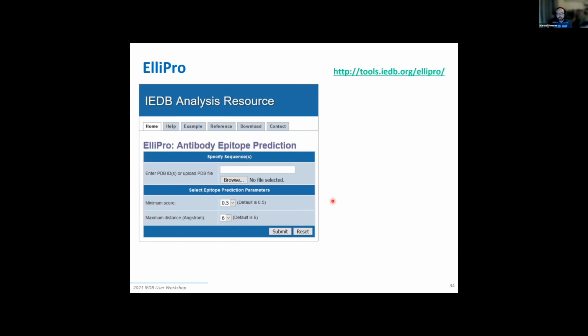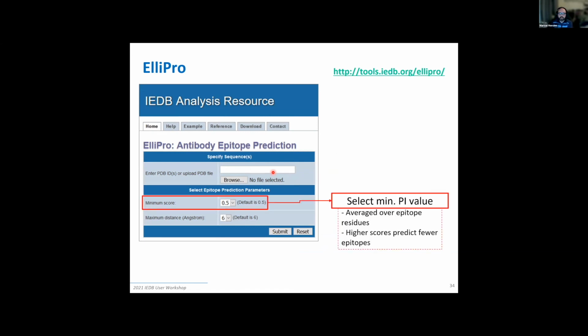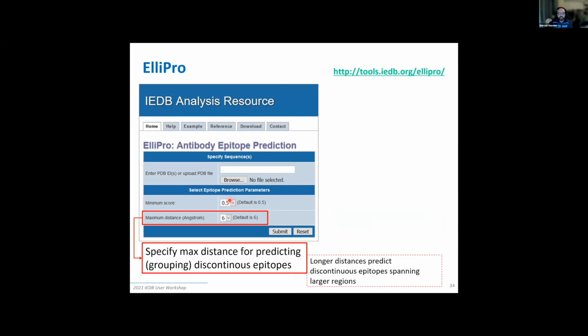The layout is very similar to the other one. Here you have the same PDB ID, or you can upload your own PDB if you want to. Here is the minimum score, which is based on this PI score. The higher the threshold, the fewer epitopes will be predicted.